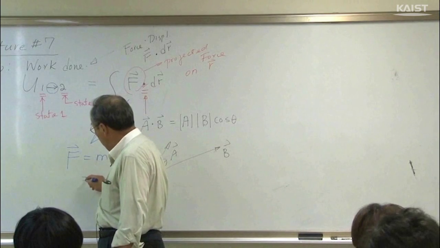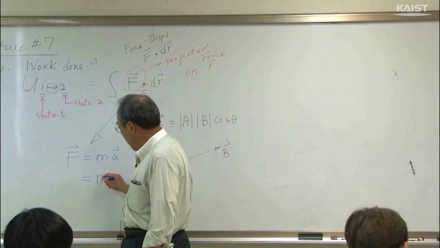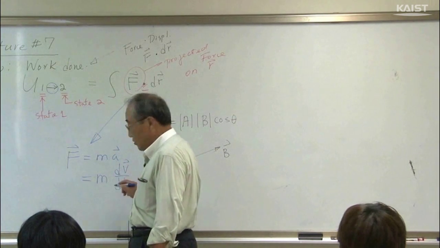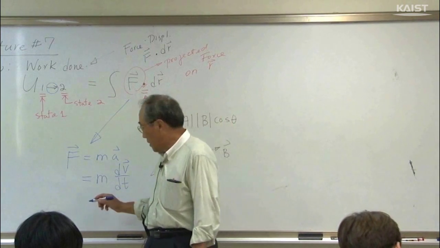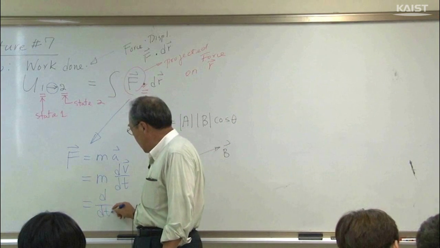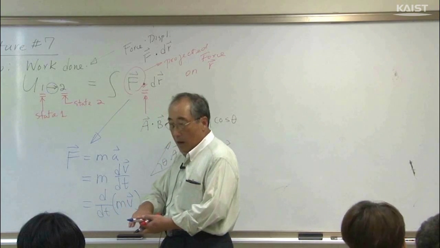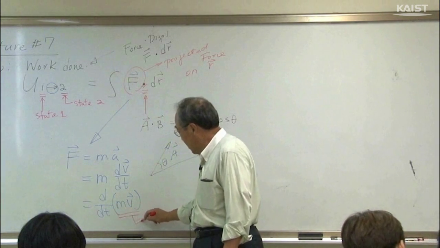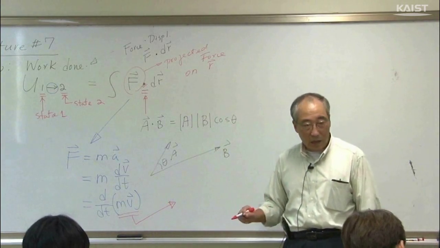And also from the kinematic relationship, we can rewrite this as the change of velocity with respect to time. And again, we can rewrite this into this form. Wow, this provides us a new measure of dynamics, that is momentum.